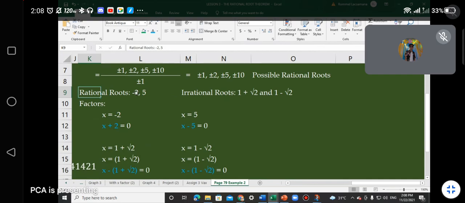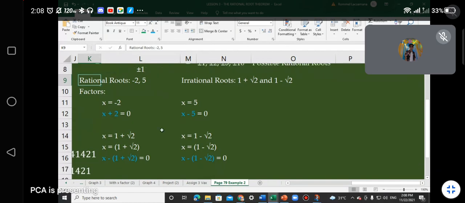If you have the factors of these roots, it's quick. Equate it first to x. And this one also, if you notice what I did, equate these ones first to x. Take note, that is irrational roots.